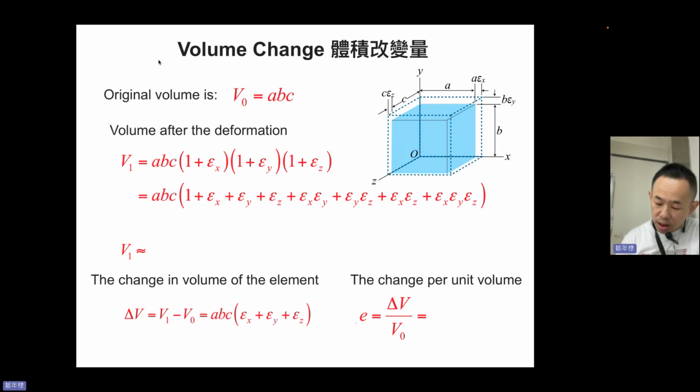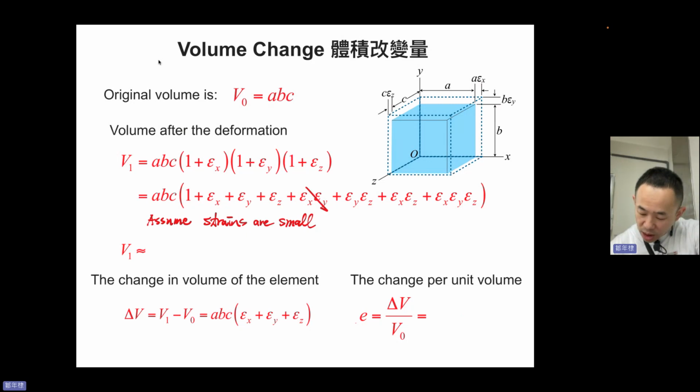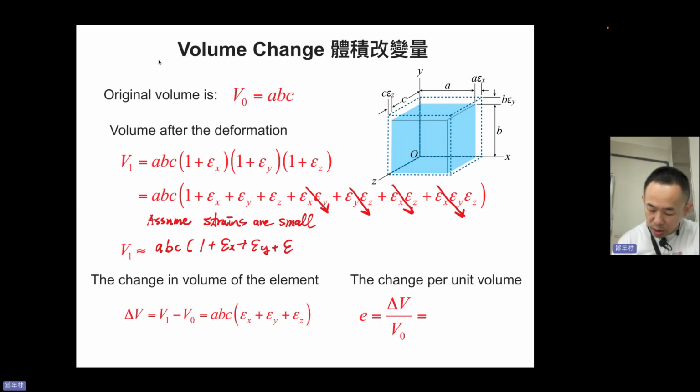Because in mechanics of materials we assume the strains are small, when they are multiplied together as second-order or even third-order terms, we can neglect them. So V1 is approximately abc times (1 plus epsilon x plus epsilon y plus epsilon z).